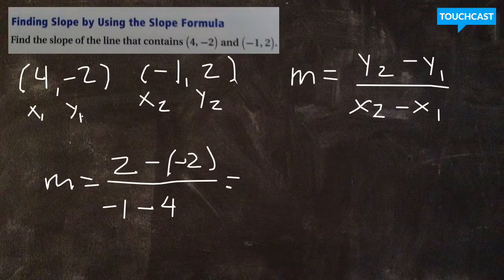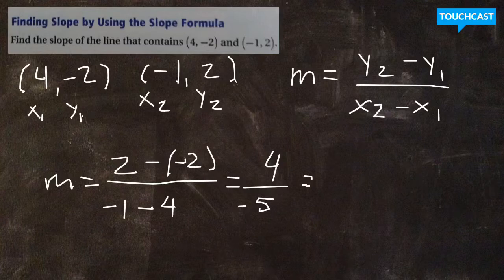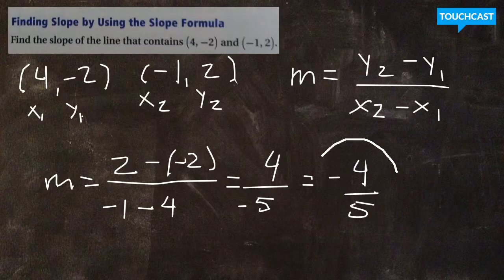Well, 2 take away -2 is just like 2 plus 2, which is 4. And -1 take away 4 is -5. So our slope is -4/5. Let's look at another example.